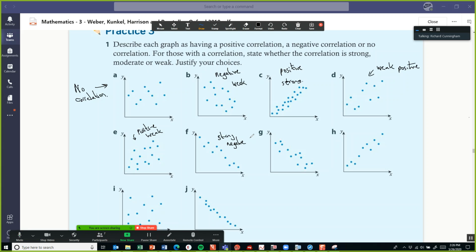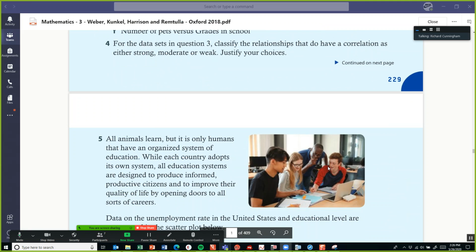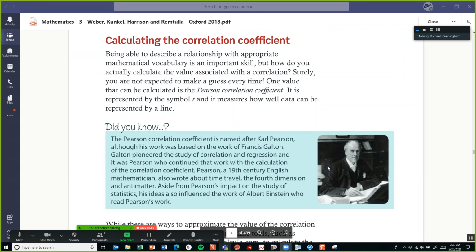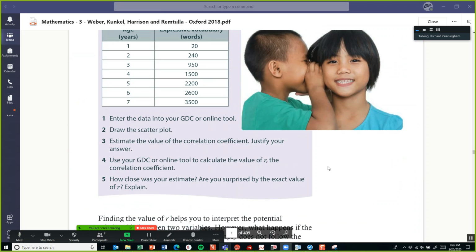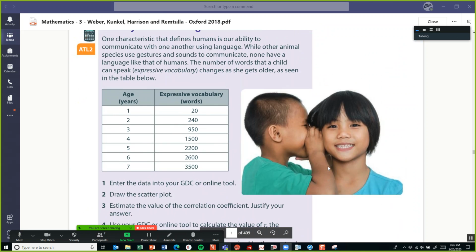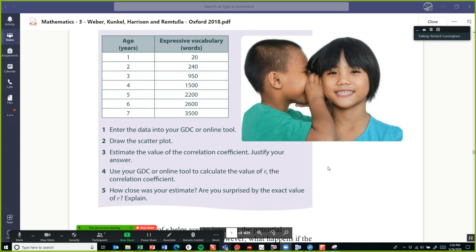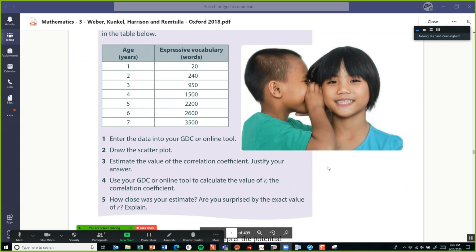So if I go on to clear all drawings, and let's get rid of this, and if I skip to page 232, we're going to have a look at this. Now I can enter this into Desmos.